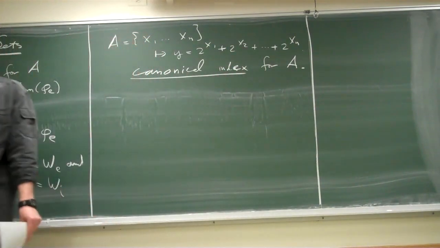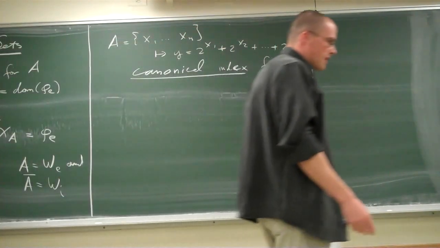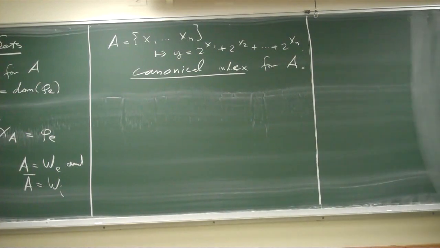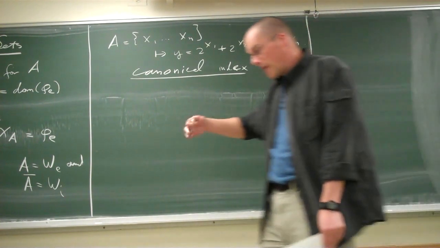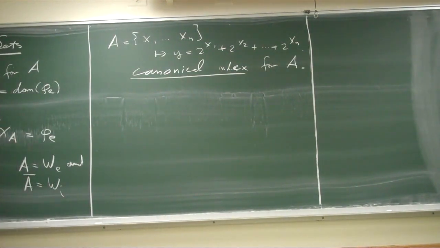A canonical index for a finite set is really nice because given a canonical index for a finite set, you really know everything there is to know about the finite set. It is, for instance, very easy to see what the maximum number is. You just write down the binary expansion of this number and see in which location the biggest one occurs.